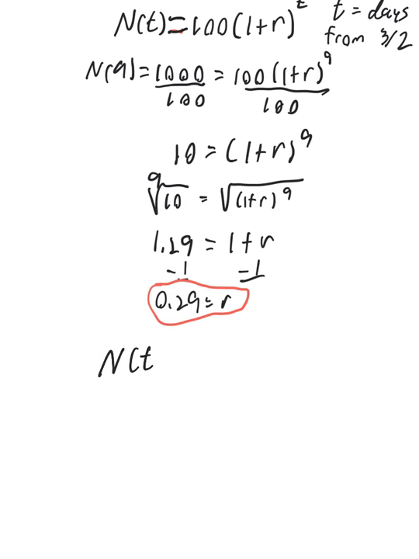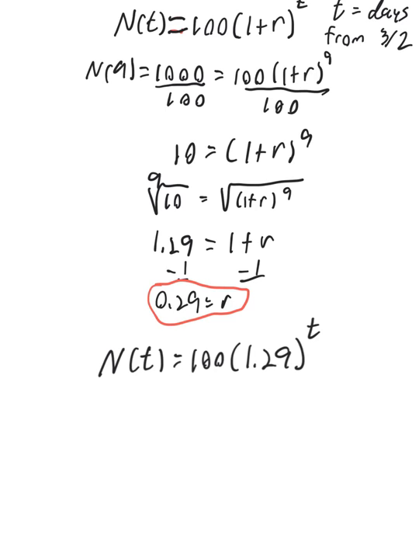We could put that into the equation, and if we're starting from March 2nd, here would be our equation. We could use this for various values of t to predict how many cases we're going to have in the future. This would do the same thing as our multiplying by 10, only we could do this for other times other than multiples of 9 days.